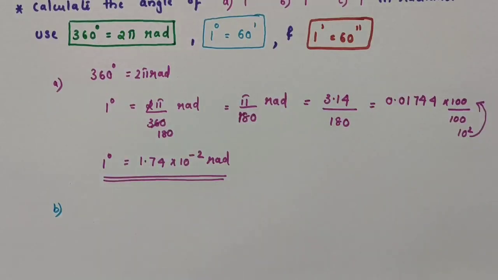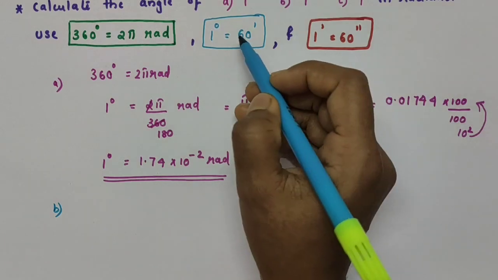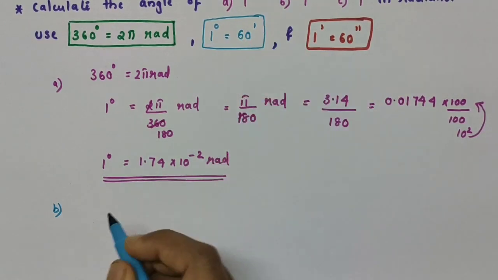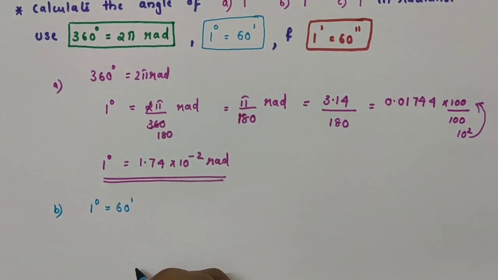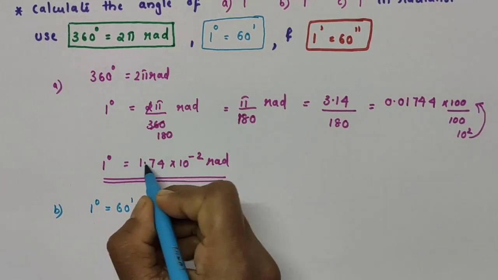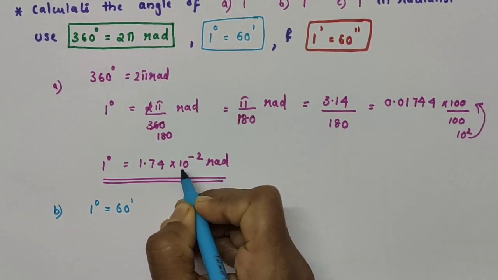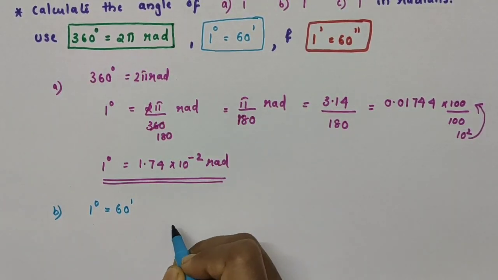Next, we want to express 1 arc minute in radian. For that, we have 1 degree is equal to 60 arc minute, and 1 degree is 1.74 into 10 raised to minus 2 radian.